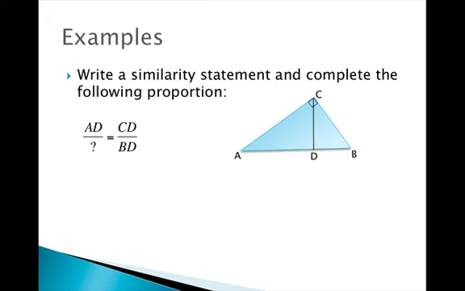Okay, so the first thing that we're going to do is write a similarity statement and complete the following proportion. So we have three different triangles here. First, we need to write the similarity statements.